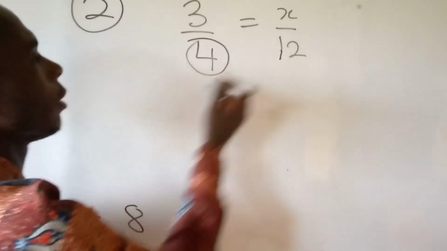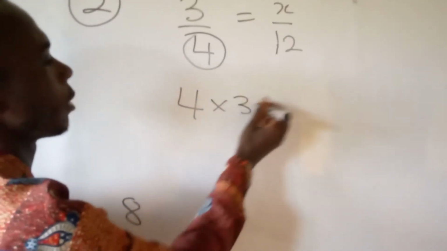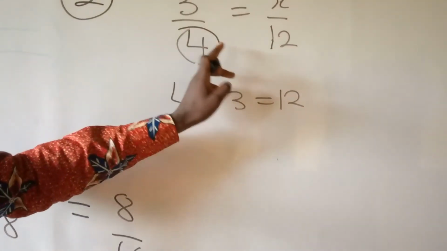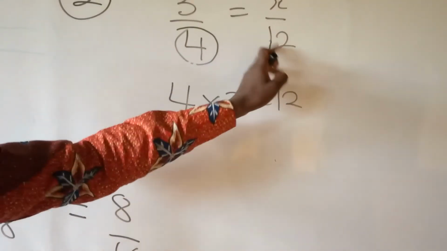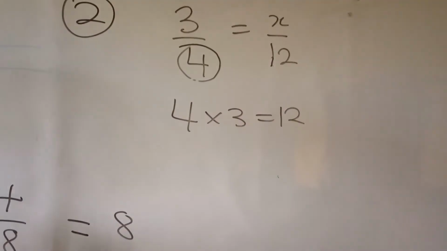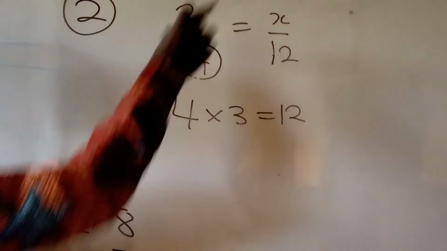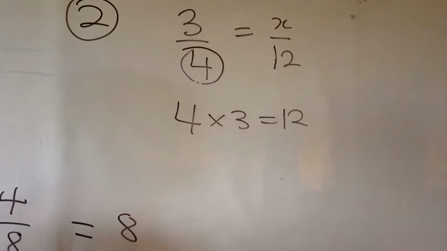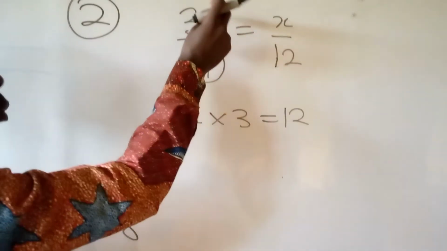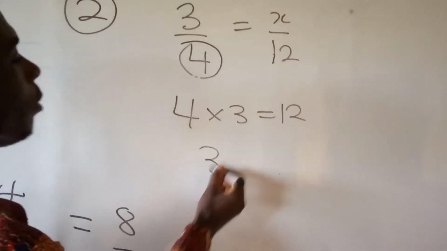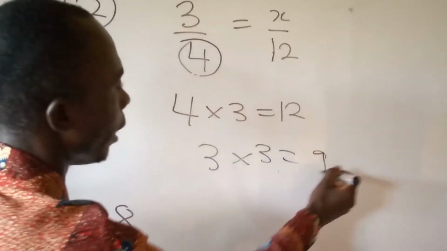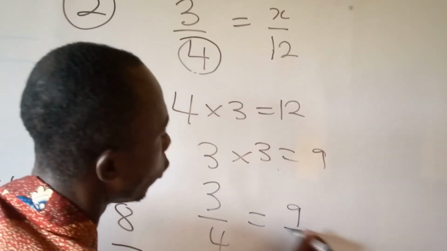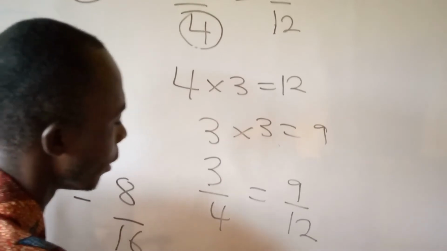It's what? 3. Because 4 times 3 is what? 12. And once I have multiplied this number by 3 and I'm getting 12, for equivalent fractions, you multiply both numerator and denominator by the same number. So this means you multiply the numerator 3 by 3, and 3 times 3 we are getting what? 9. So 3 over 4 is equal to what? 9 over 12. x is equal to 9.